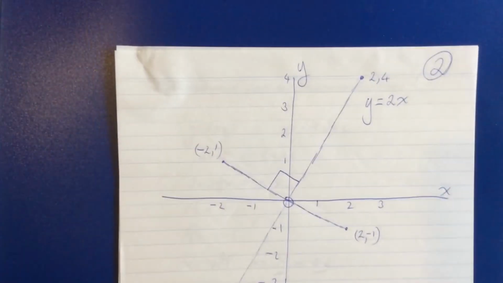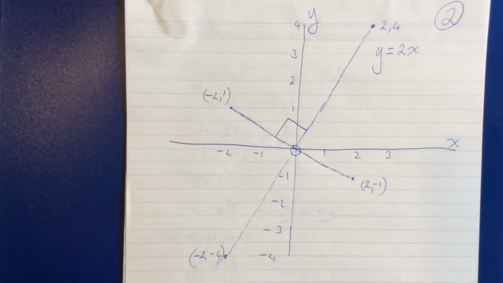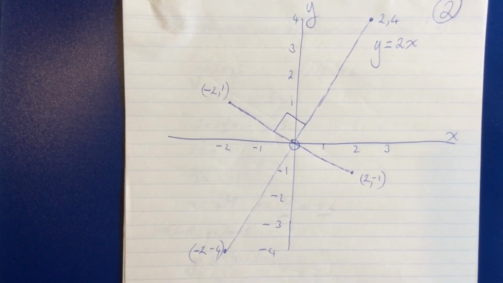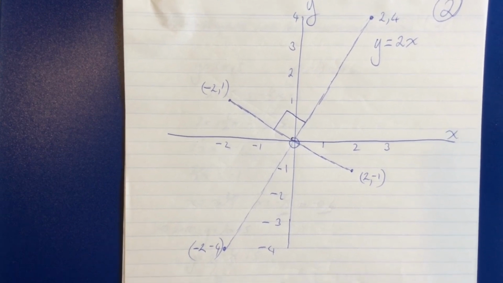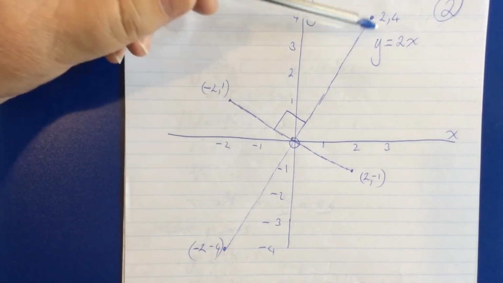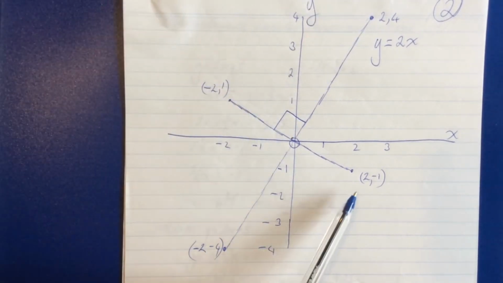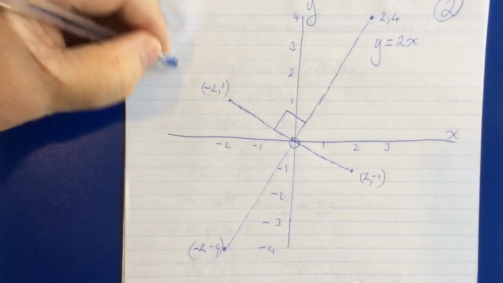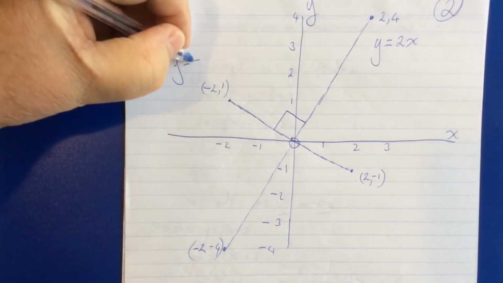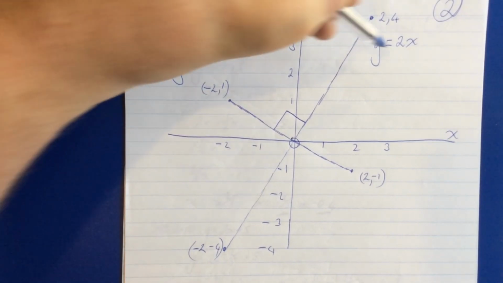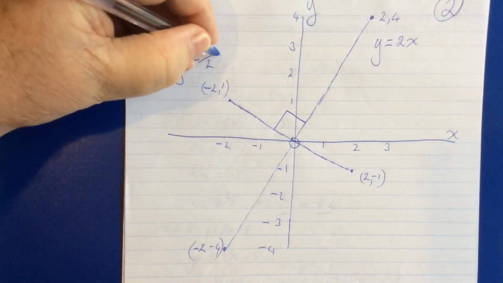Now, here's what it looks like with a few points plotted. Okay, so this is the line y equals 2x through here, and this is the line y equals negative 1 over 2x.